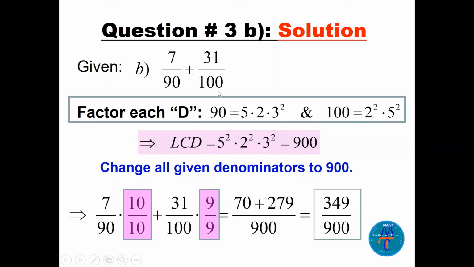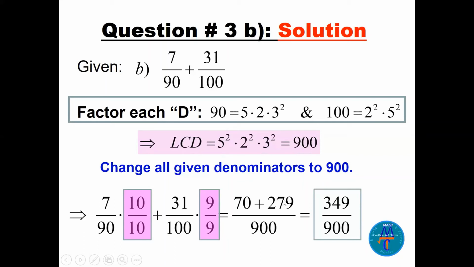90 and 100, the LCD is 900, not 90,000. So I take the first one, 7 over 90, I multiply by 10 over 10 to make it 900. 31 over 100, I multiply by 9, so that will be 900, and this one 279.